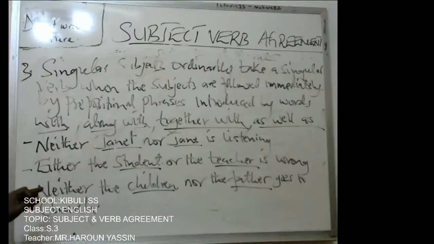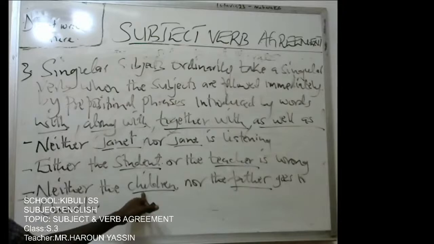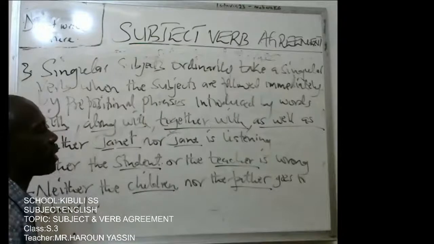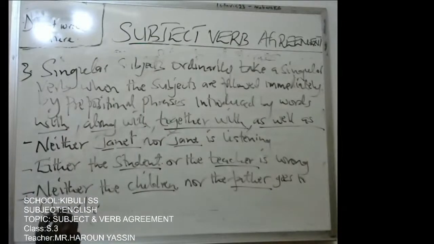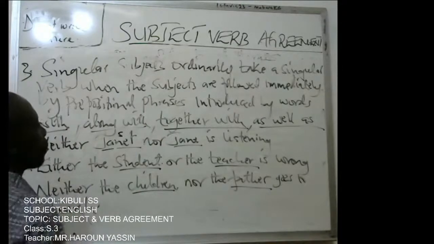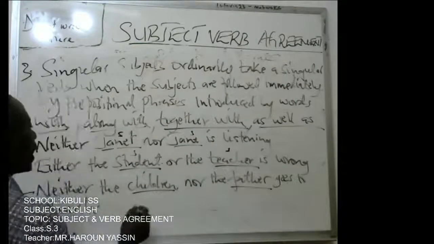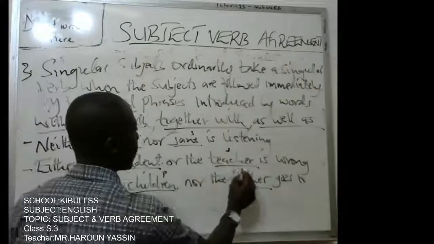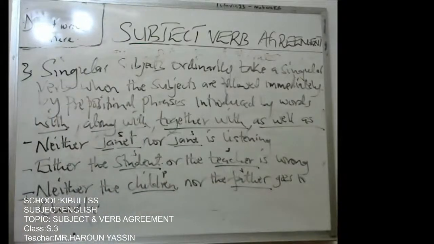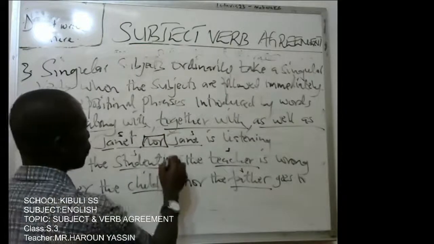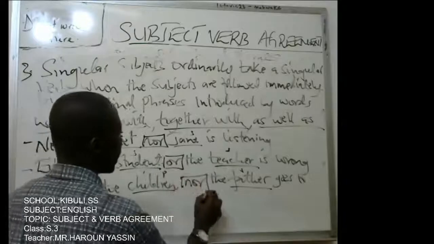We have got neither the children, which is plural, and we have father, which is singular. S stands for singular, okay? Singular, singular, singular. Then here we have got plural, and then singular. So these are the nouns forming our subjects. But they are being joined by these words here: nor, or, and nor again.